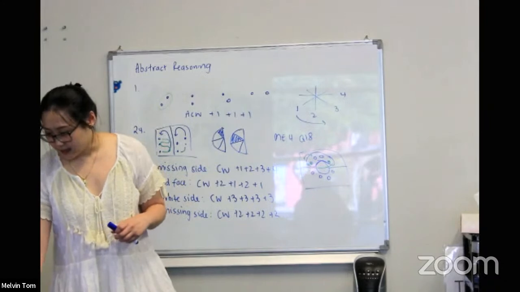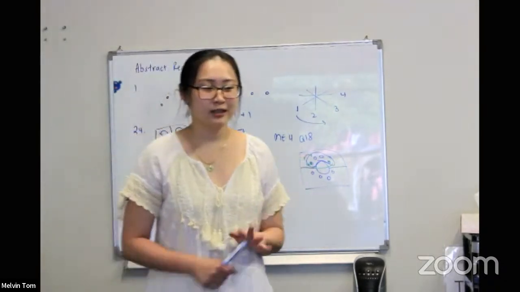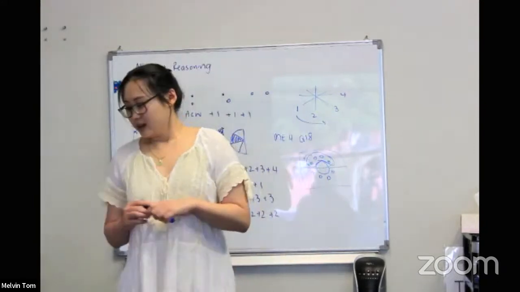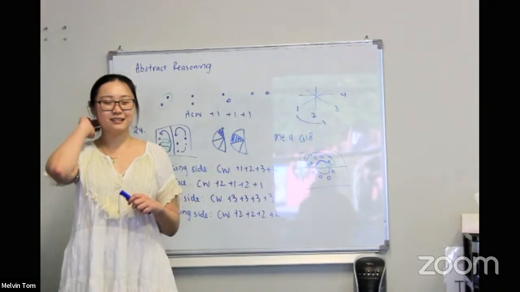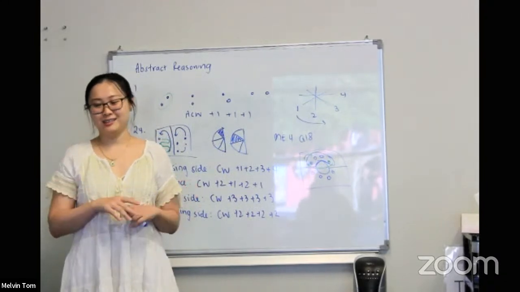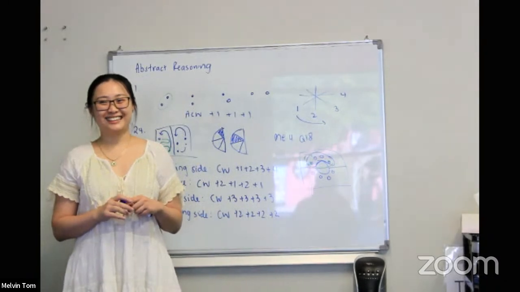Question 18 is something you should know as well, but it is a bit tricky, so I'm going to explain it to you. So, question 18, how many objects are there? Three. Four.